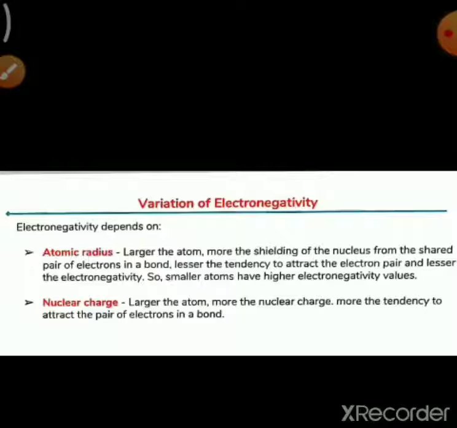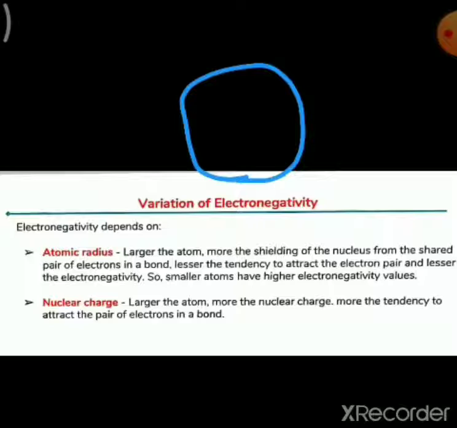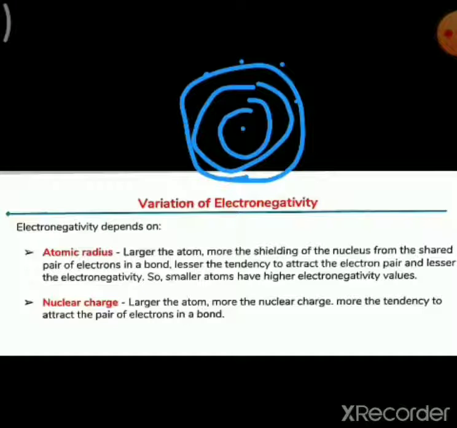So what does that mean? Before also we have discussed that in a larger atom the nucleus will be in the middle, and the nucleus will not come in contact with the electrons present in the outermost shell, because inside there are so many electrons present in the other shells.